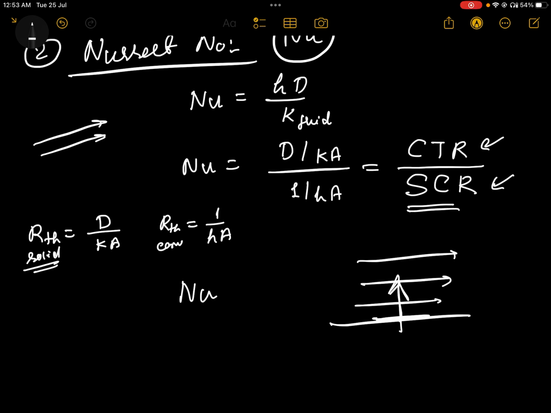Surface convection resistance. So we can easily get that conduction thermal resistance is very low for the conductors. I mean, conduction is very fast for the conductors, so conduction resistance is very low for the conductors. But the fluids are not generally conductors, so the conduction resistance is very low.